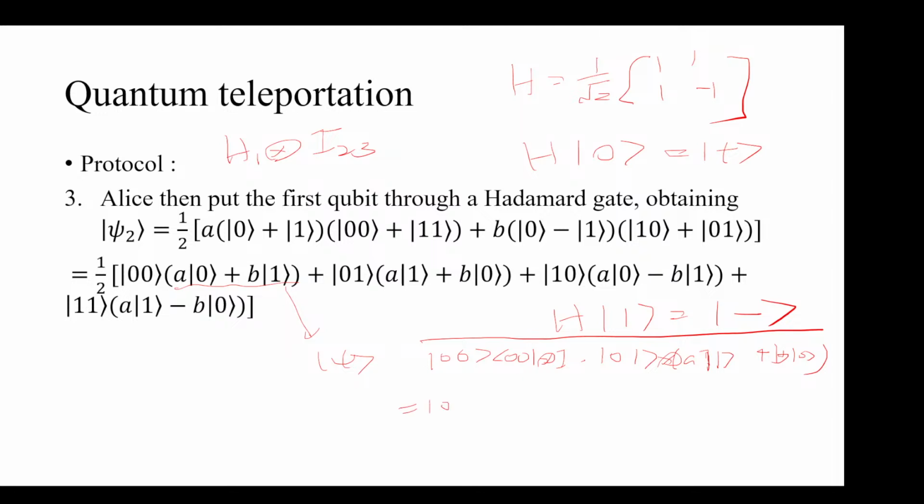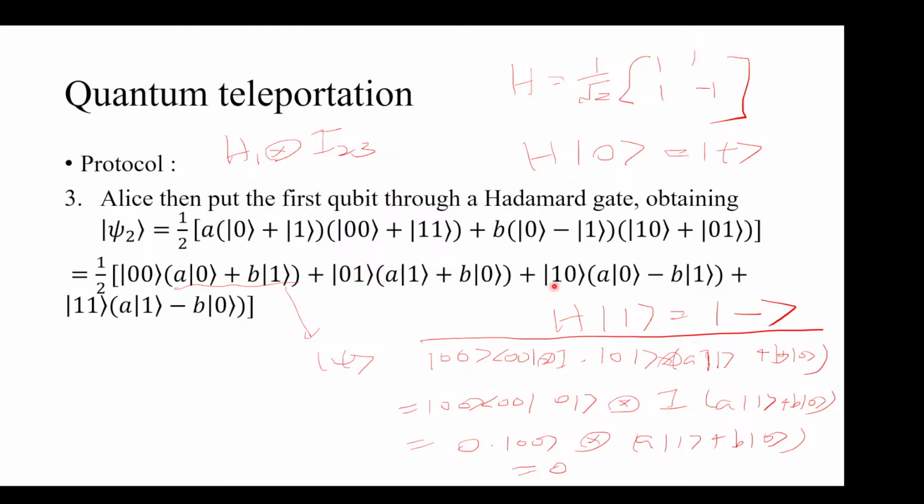This equals the 0,0 projector acting on |0,1⟩, tensor the identity acting on a1 plus b0. The projector acting on |0,1⟩ is the scalar 0 times |0,0⟩, and the identity acting on a1 plus b0 doesn't change anything. But everything is multiplied by this 0, so this is just 0. So this has no amplitude.